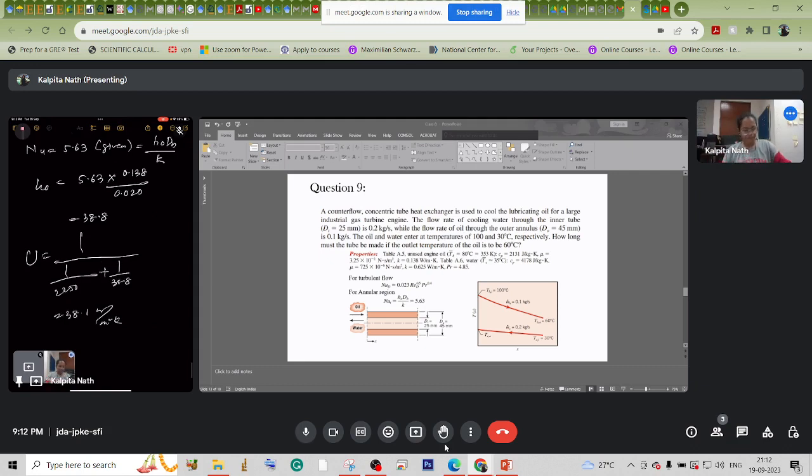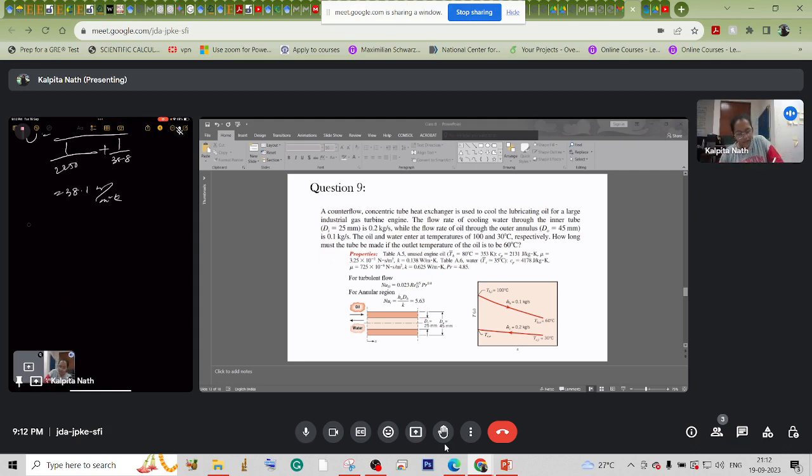Okay. Now we have to find the rate of heat transfer. This will be pi di L, the surface area, because the heat transfer takes place between water and oil, into the overall heat transfer coefficient into delta T LM. So we need L. L is equal to Q upon U pi di delta T LM.